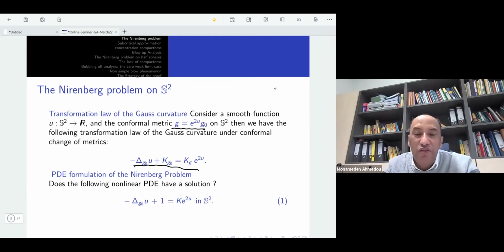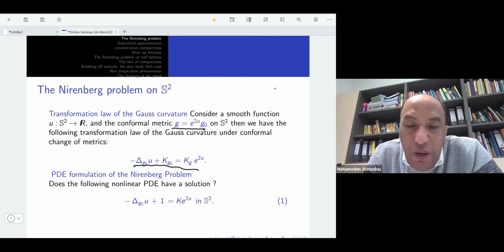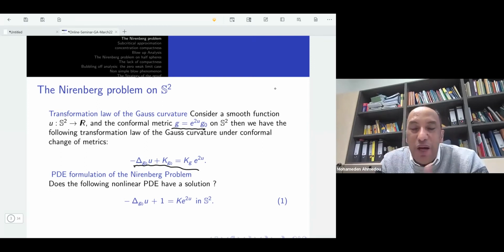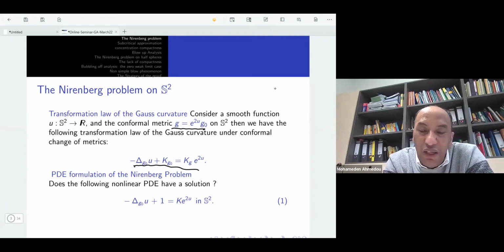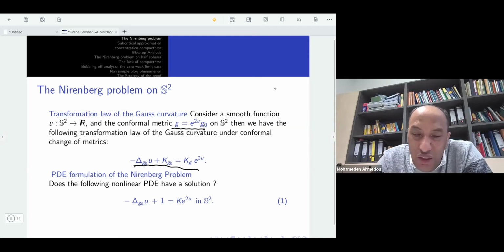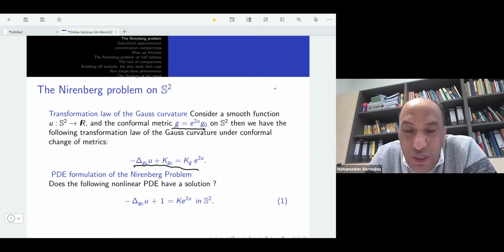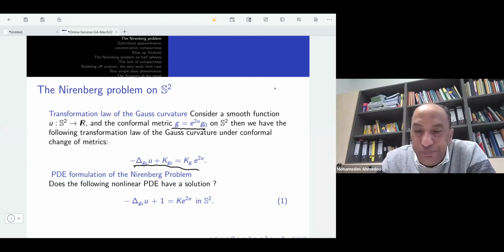So now you can reformulate the Nirenberg problem and ask: is it possible to find a solution of this nonlinear PDE with exponential nonlinearity, namely minus Laplace of u plus 1, which is the Gauss curvature of the sphere, equal to k times e to the 2u.